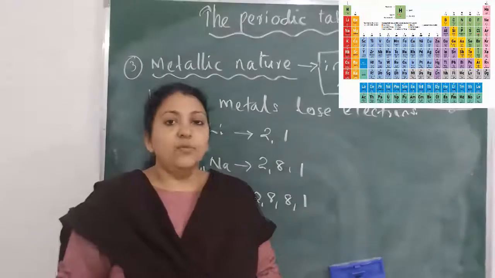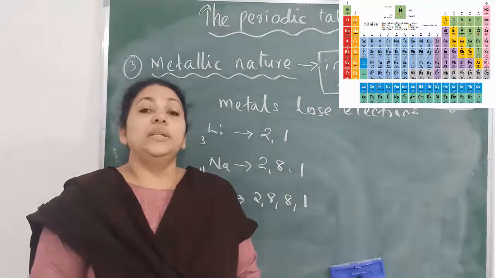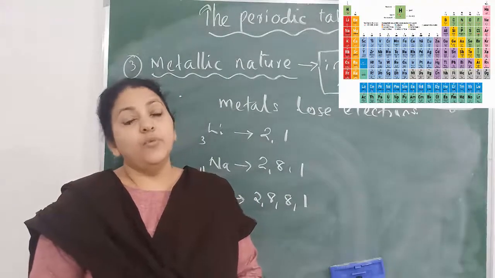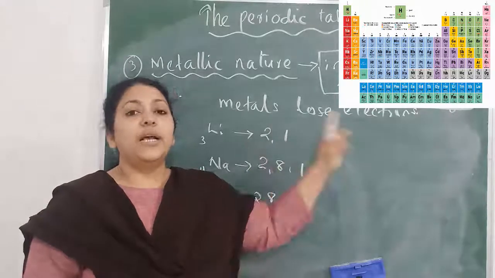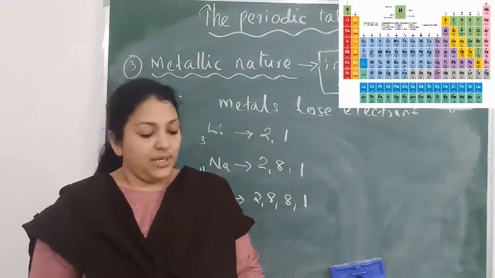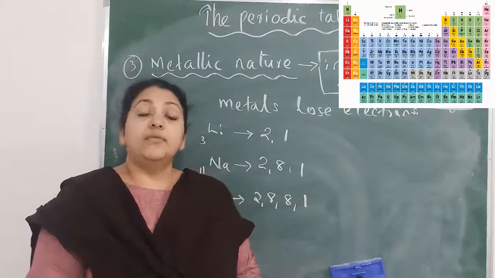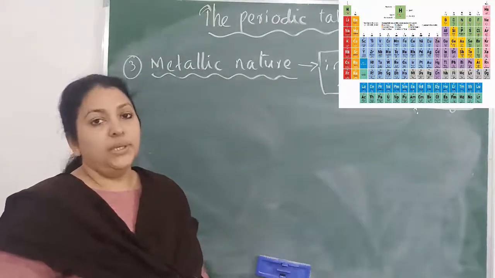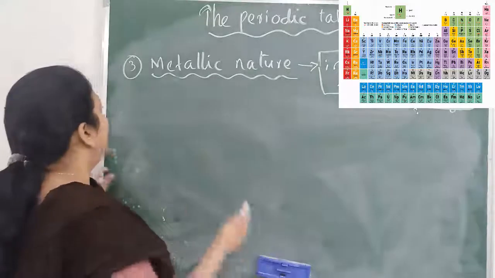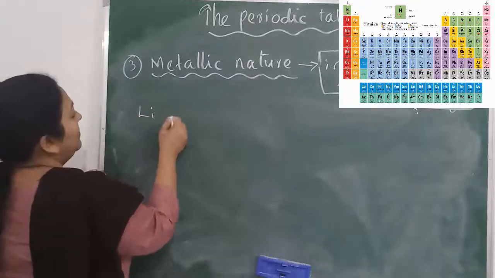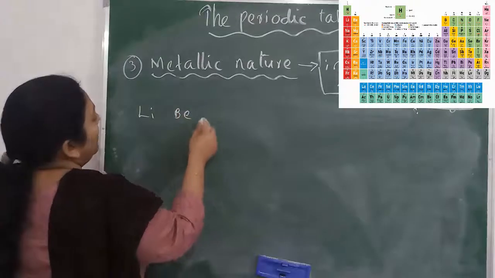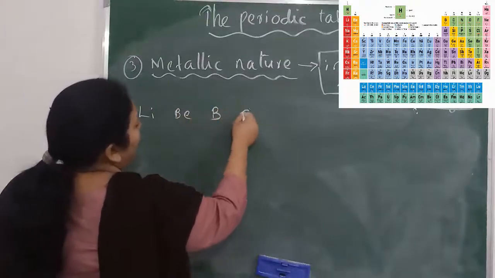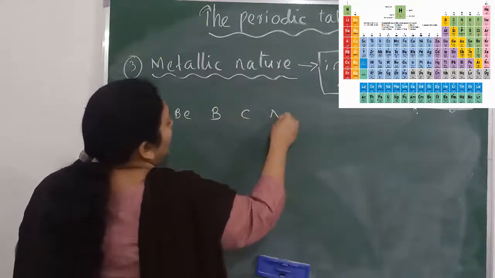Now let's see what happens to the metallic character when we move from left to right across a period. So we will take one example. Let me take the second period starting from lithium. So write lithium, beryllium, boron, carbon, nitrogen.